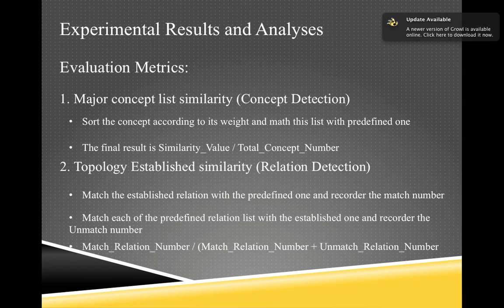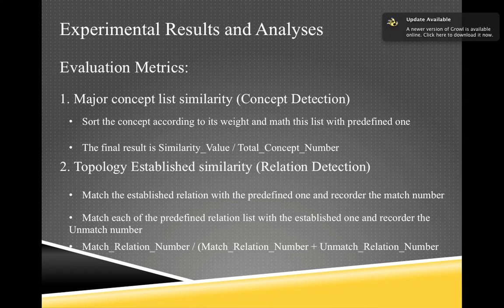Let's take one example. If the established one you get is A to B, A to C, and the predefined one is A to B, A to C, and B to C, then because you have one unmatched, the similarity value is 2 divided by 3 equals 0.667.